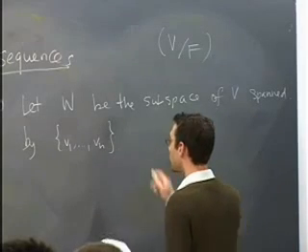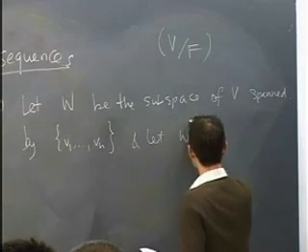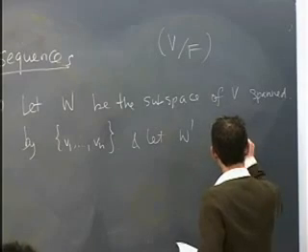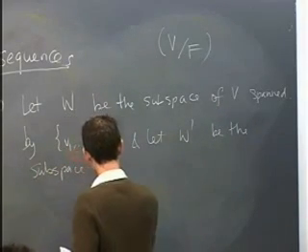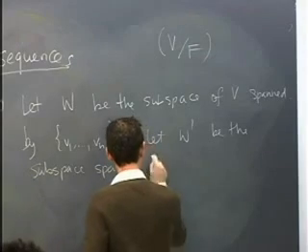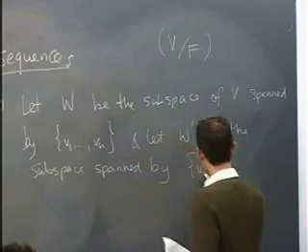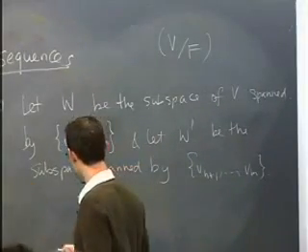Okay, and let W prime be the subspace spanned by the remaining vectors, vn plus 1 through vm. Well, then here are two consequences.